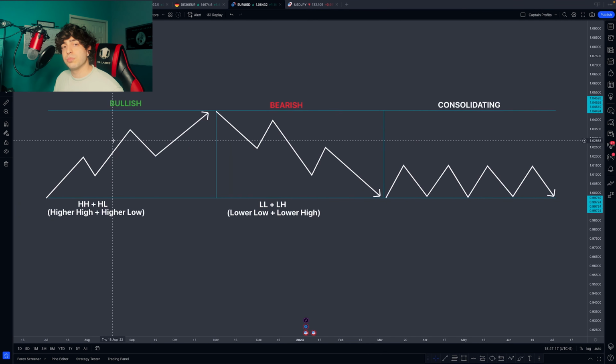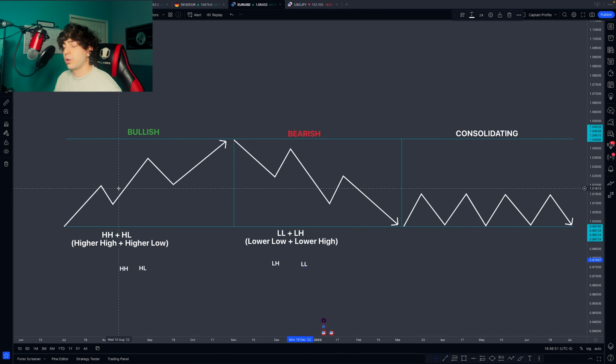When we're in a bullish market, we're creating higher highs and higher lows. In a little bit, I'll show you what that means. And then inversely, with a bearish market, we're creating lower lows and lower highs. And then lastly, we can have a consolidating market, which is this sideways movement that occurs when price doesn't really have a true direction just yet.